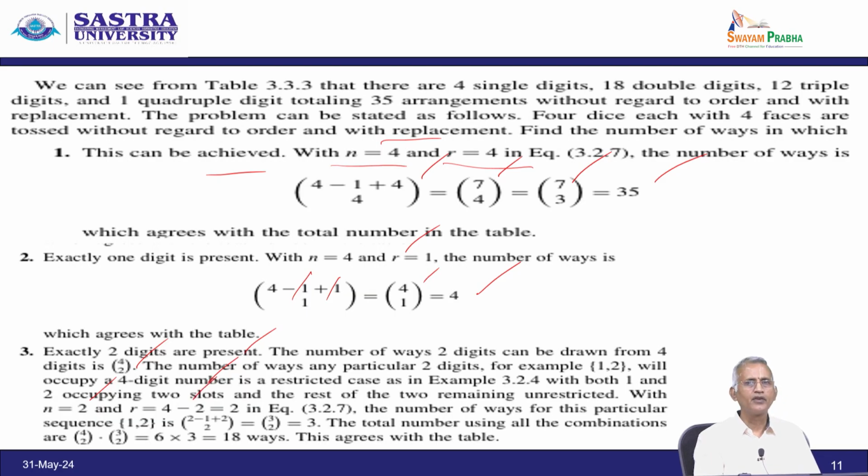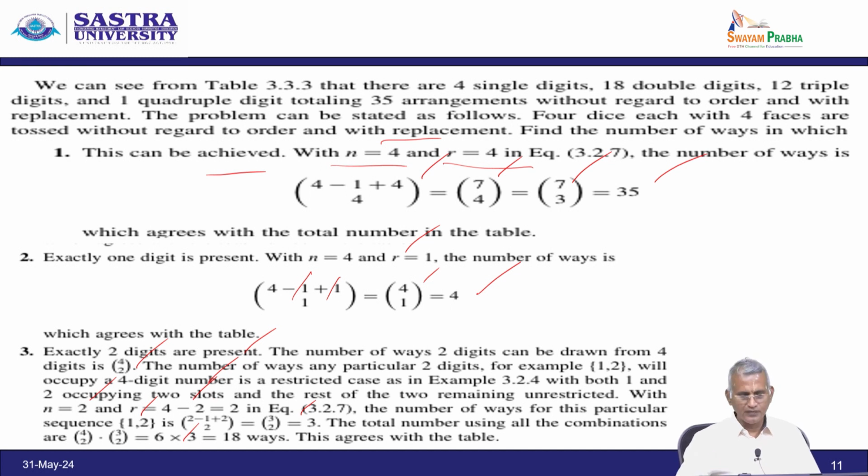Therefore, the number of ways for this particular pair is (2 minus 1 plus 2) C 2, equal to 3C2, equal to 3. Therefore, the total number using all the combinations is 4C2 into 3C2, which is 6 into 3, equal to 18 ways.